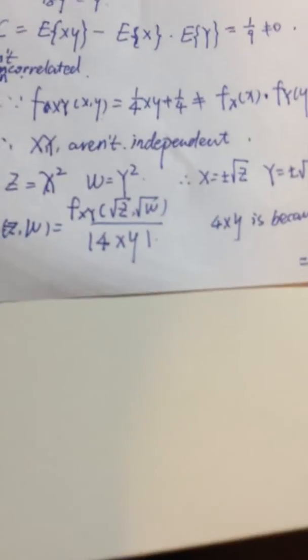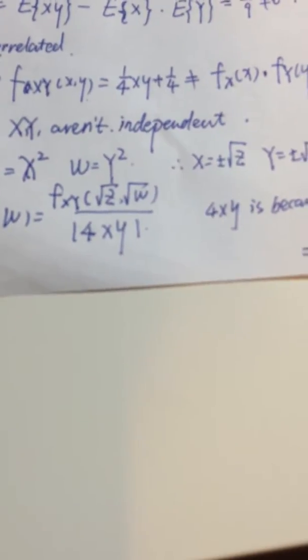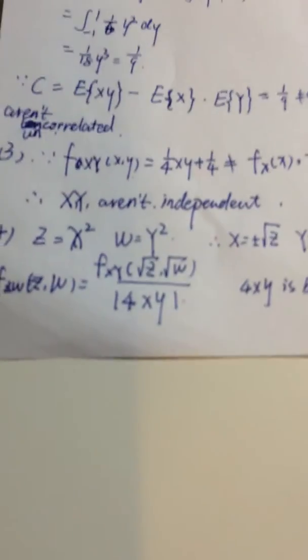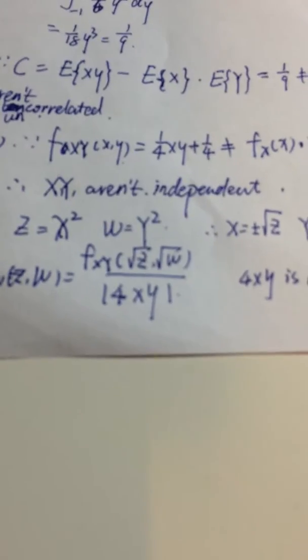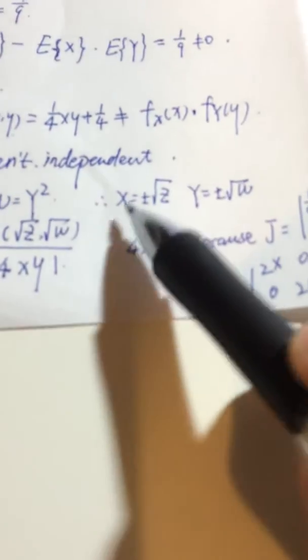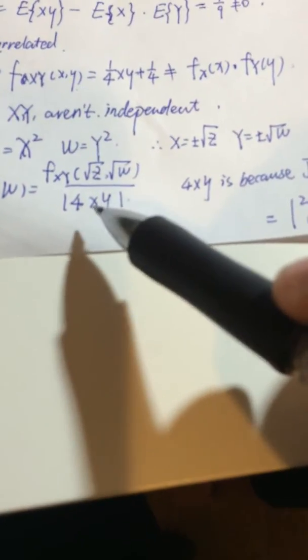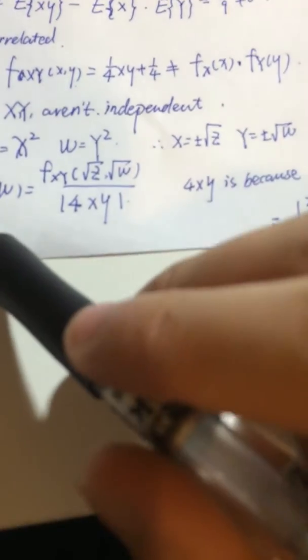The fourth question is to find the joint density function of x squared and y squared. So we define another joint density function using z and w. We define z equals x squared and w equals y squared. We find x has 2 points and y has 2 points for w, so we can use the fundamental theorem.